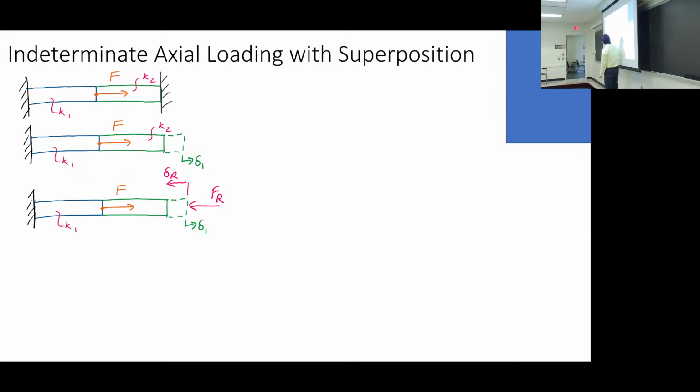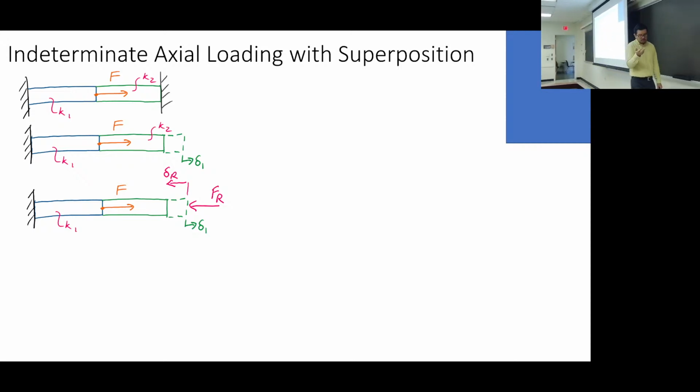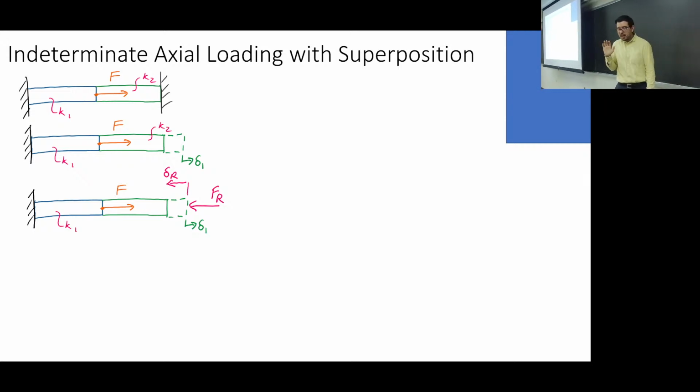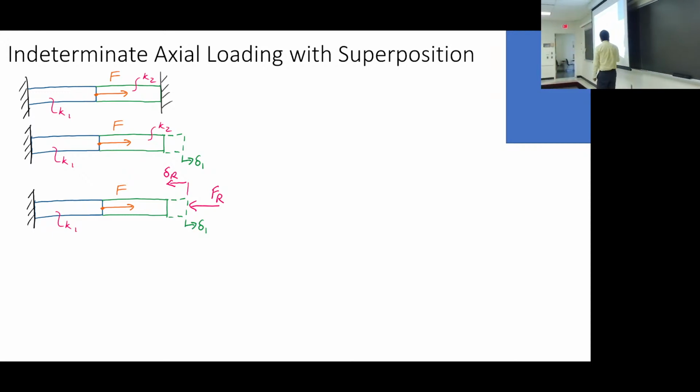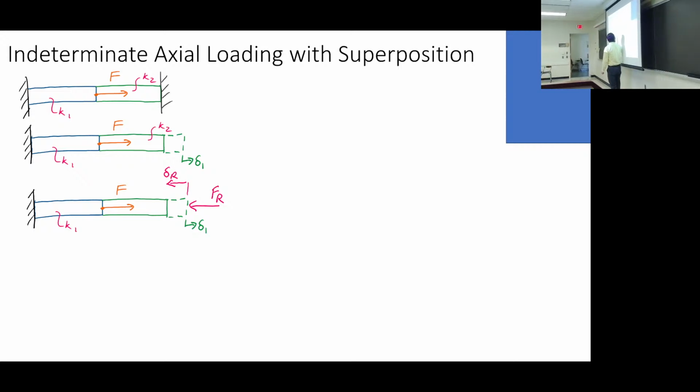So now what do we do? I say, okay, superposition. If I create another force and I add it to the system, then I can calculate the net or the overall displacement. But what I do is I strategically say, oh, the reaction force on the right side of the wall, what does it have to do?